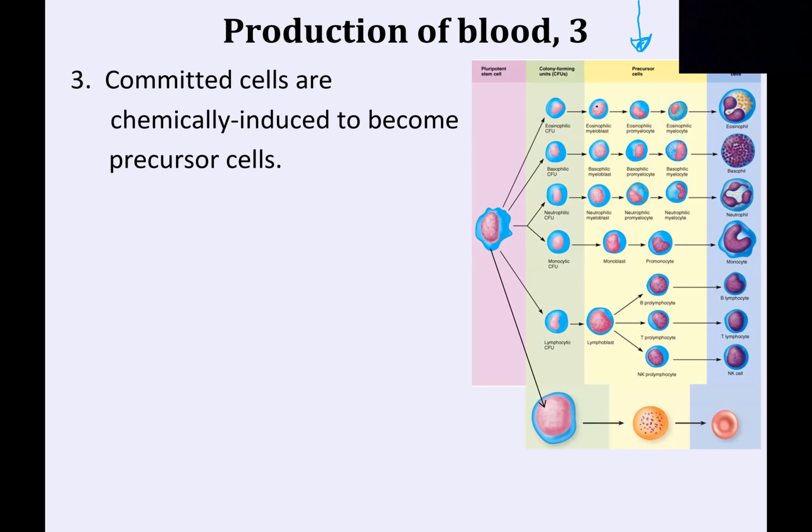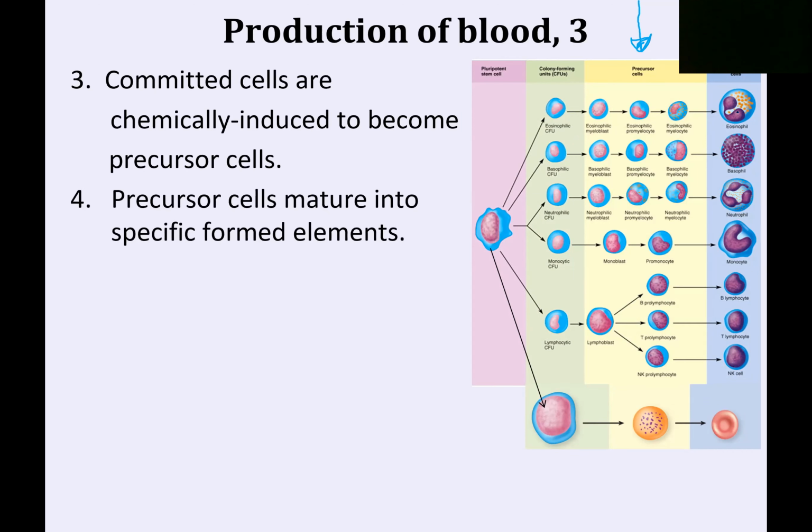Once it becomes a precursor cell, it can't go back to being a committed cell. So chemically induced, there are certain chemicals that are exuded by the bone marrow and the lymphatic tissue that cause this maturing process. The last step involves the precursor cells becoming specific formed elements, and that's what we see listed in the blue column.